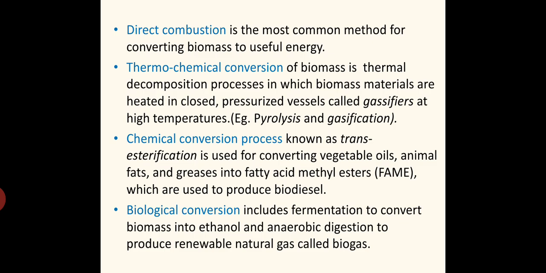Wood is an example, cow dung is another example. You might have seen cow dung dried and kept in briquette form, and it can be used as a source of energy. That is direct combustion. In all these processes we combust the biomass directly in the presence of air.